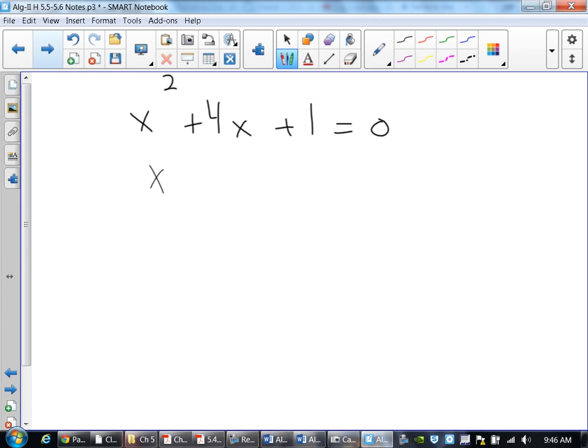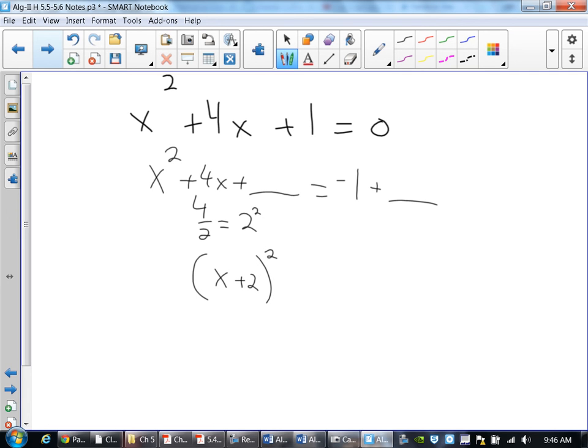Very good. x squared plus 4x plus blank is negative 1 plus blank. And now go to the next one. What's half of 4? 2. It's positive, so it goes in my parentheses as x plus 2.